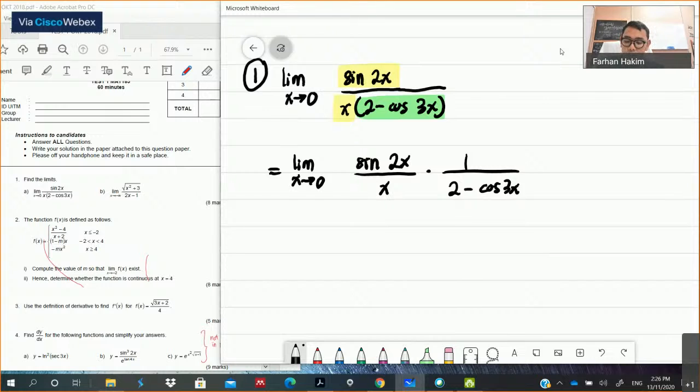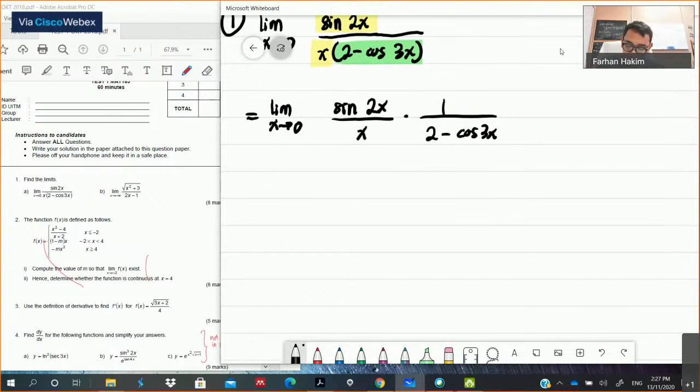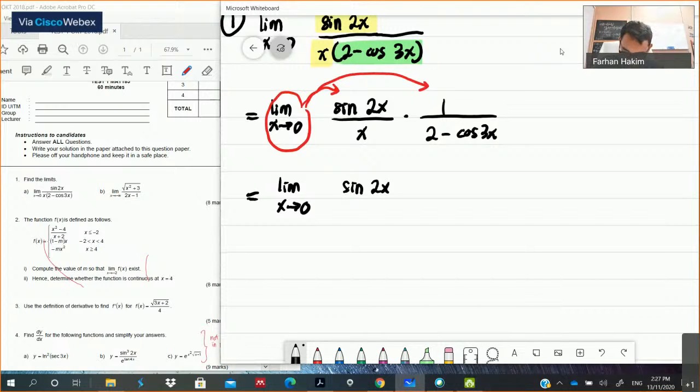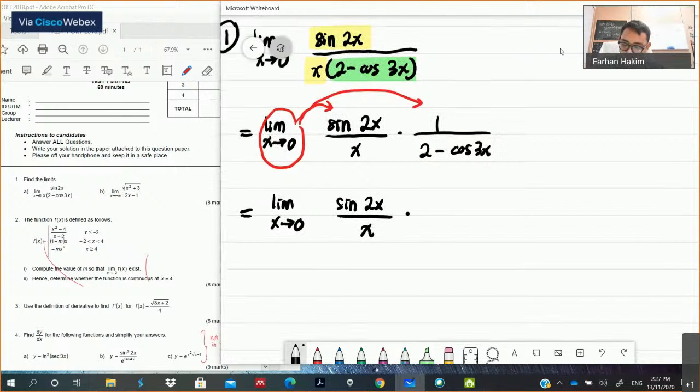Now I'm going to distribute this limit to these two terms. So I'll have the limit as x approaching 0 of sine of 2x over x, multiplied with the limit as x approaching 0 of 1 over 2 minus cos of 3x.